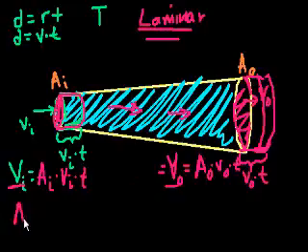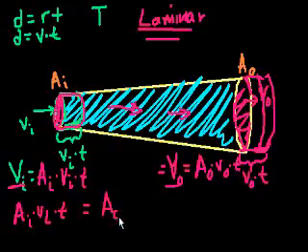So we know that the input surface area, the area of the opening on the left-hand side of the pipe, times the input velocity times the duration of time we're talking about is equal to the output area times the output velocity times the duration of time we're talking about.